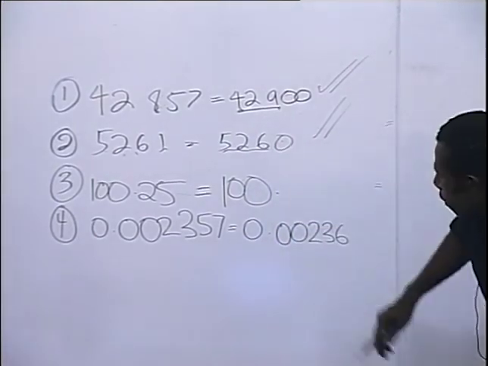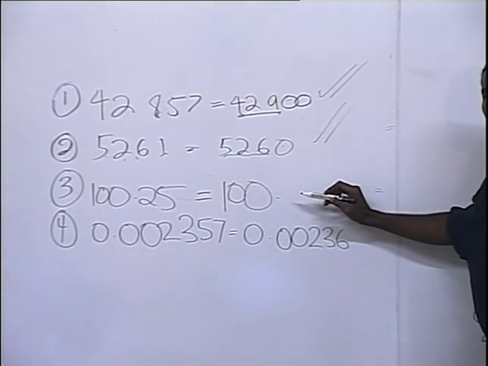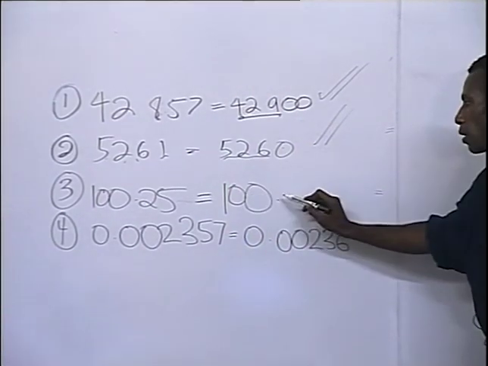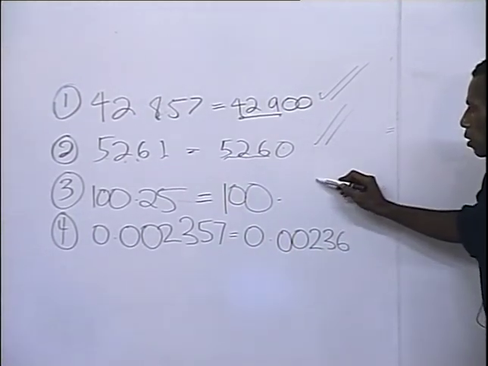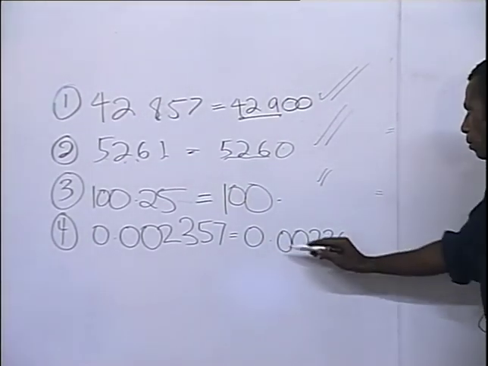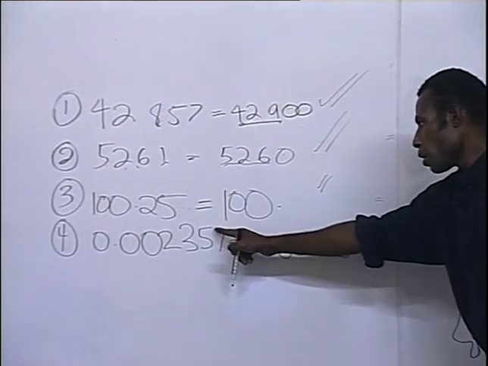Okay, this one makes it as 3 significant figures. Okay, if it is 100 point. And for the last one, right, that is correct, because you have this one, and you have to round it to the nearest.